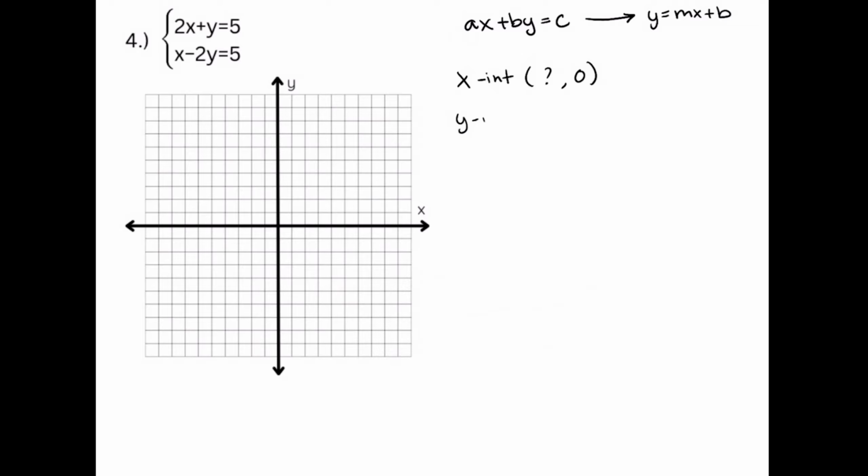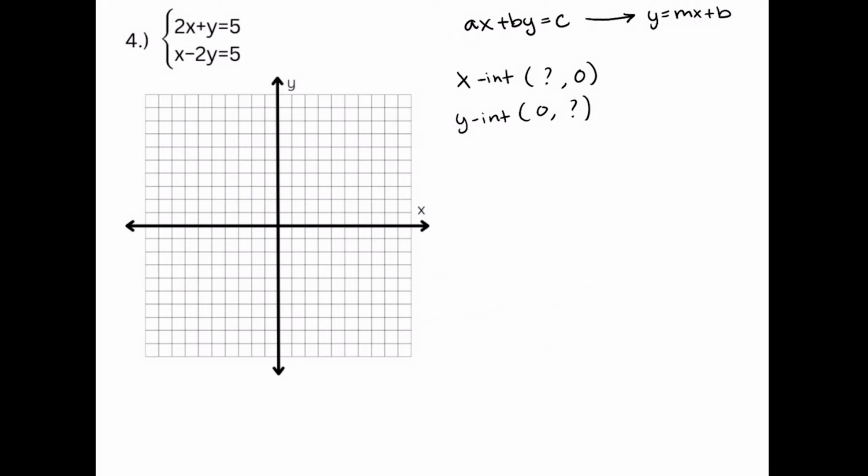And your y-intercept is going to have an x value of 0, and we don't know what the y value is. Now, to find those unknown variables, we would just plug in a 0 for x and a 0 for y, respectively, to find those intercept points.